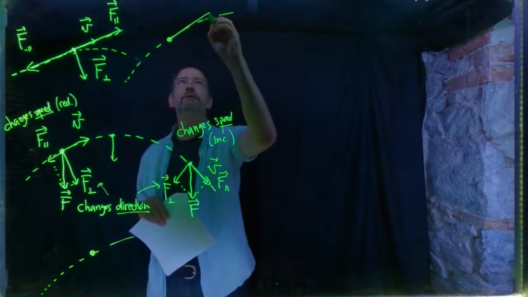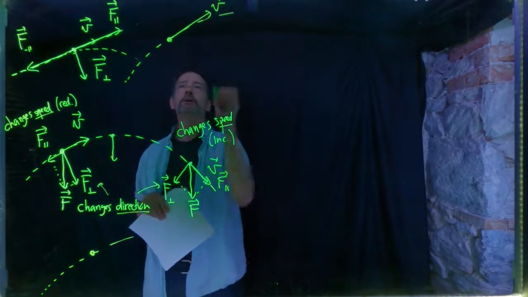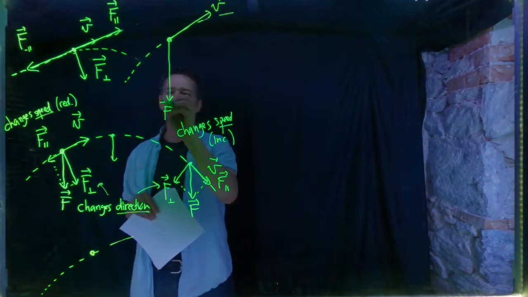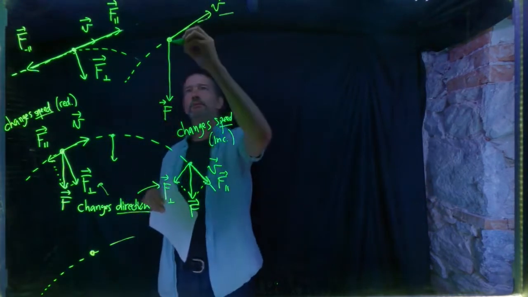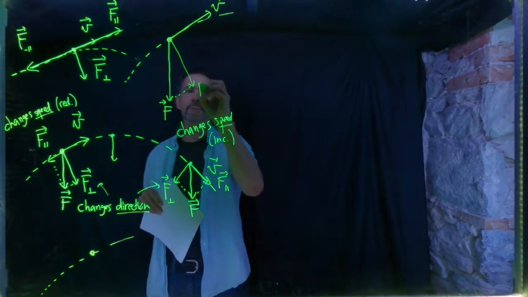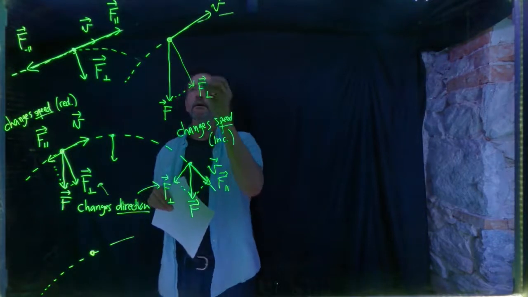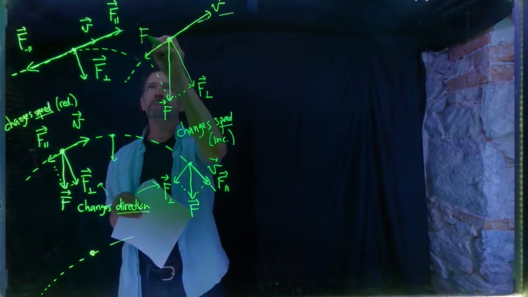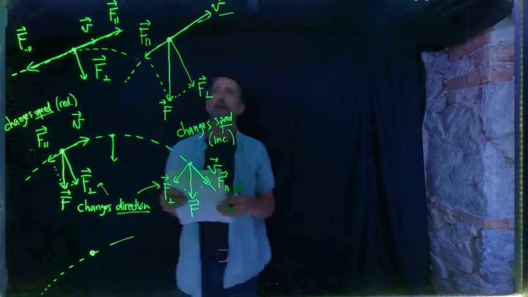This is the velocity at that instant of time. This is the force at that instant of time. Okay, and we're going to take that force and split it into a component that's perpendicular and a component that's parallel to the velocity. Okay, great.